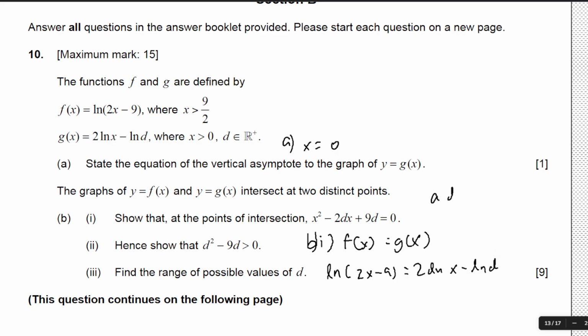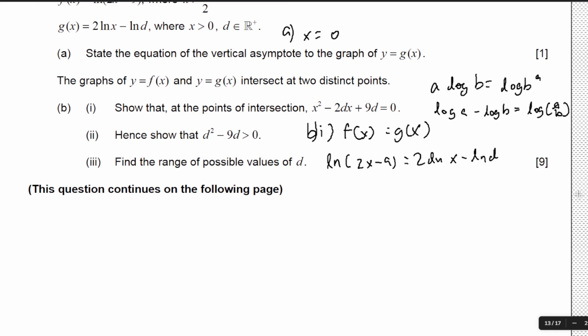Now we have to remember that a log b is equal to log b to the power a, and that log a minus log b is equal to log of a over b. We have to remember some of our logarithm rules, or you can check them in your formula booklet.